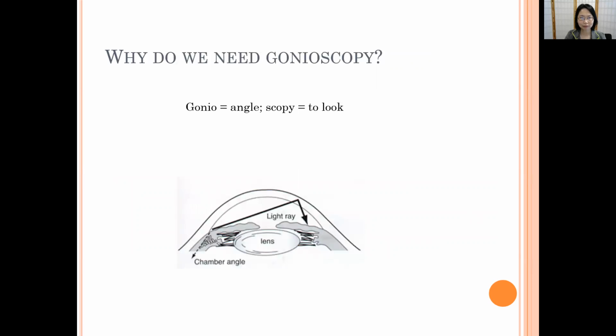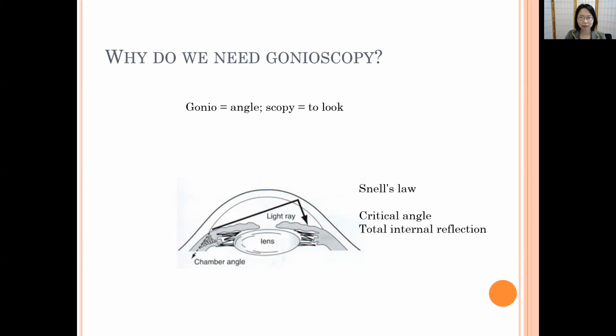Why do we do gonioscopy? Gonio means angle and scopy means to look. This is because the light showing the angle indicated here is internally reflected if you don't have an extra lens on there.